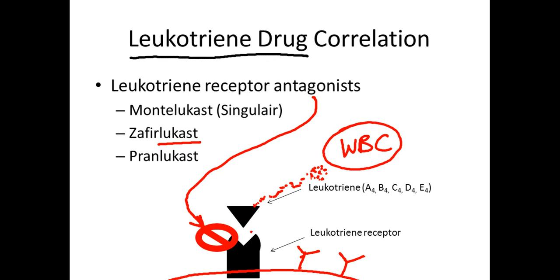It's going to try and make its way to the receptor. However, we have our drugs that are going to be antagonists, so they're going to block the receptor so the leukotrienes don't promote inflammation. So we have less inflammation in the body, less bronchoconstriction, less vasoconstriction, just less response to our white blood cell products.